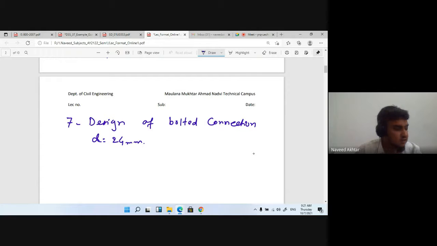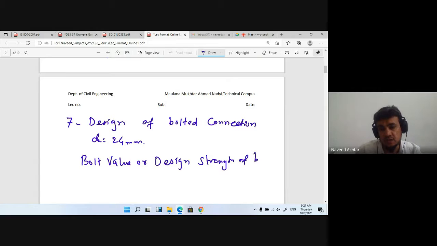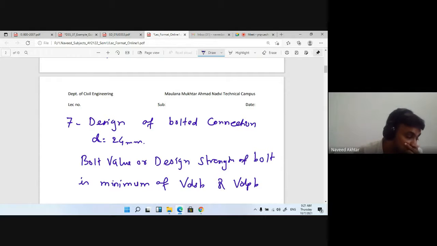So the design strength of bolt is equal to the minimum of shearing strength of bolt and bearing strength of bolt. Okay, so you have to find out the bolt value, that is the shearing strength of bolt and the bearing strength of bolt.